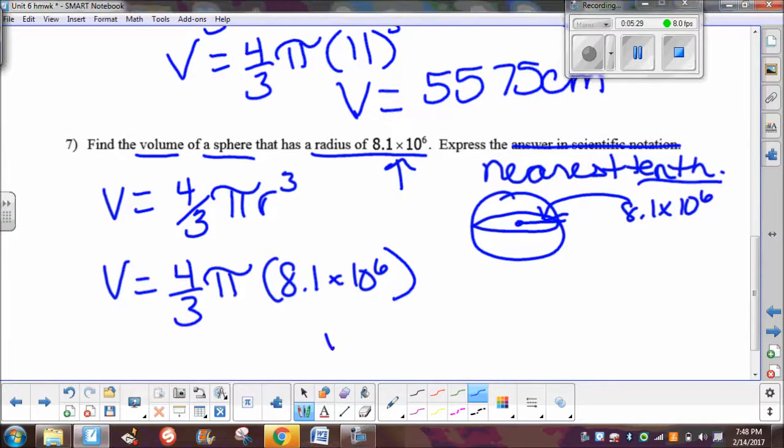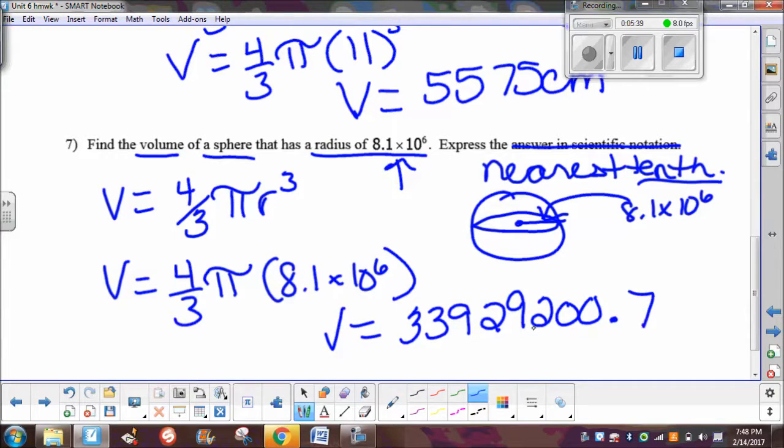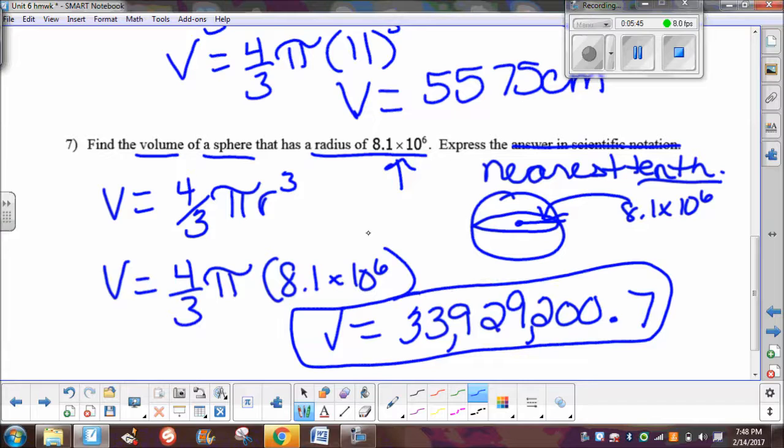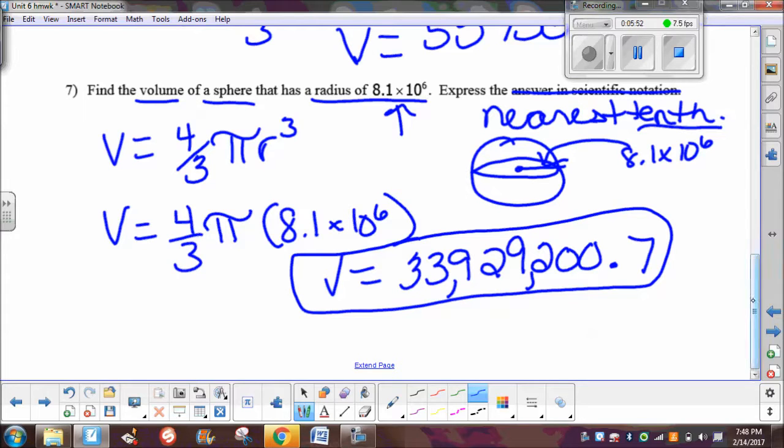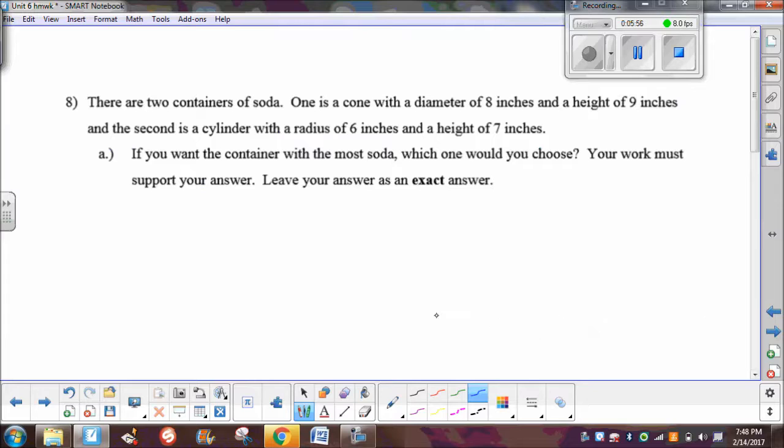That came out to be a really big number. 3392920.7. Really big number. That's okay. Just playing around with scientific notation. That's just another way to express a really big number, or we'll learn later on this year a really small number too.